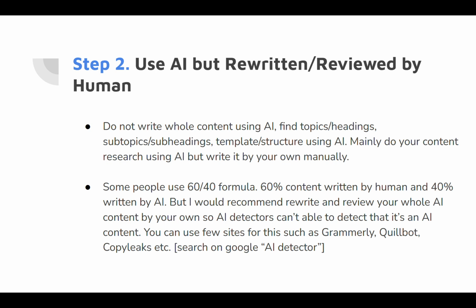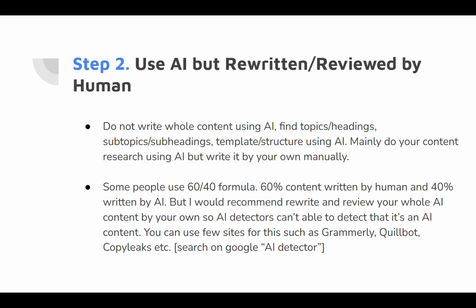Some people use a 60-40 formula, 60% content written by a human and 40% written by AI. But I would recommend rewriting and reviewing your whole AI content by yourself, so AI detectors can't detect that it's AI content.